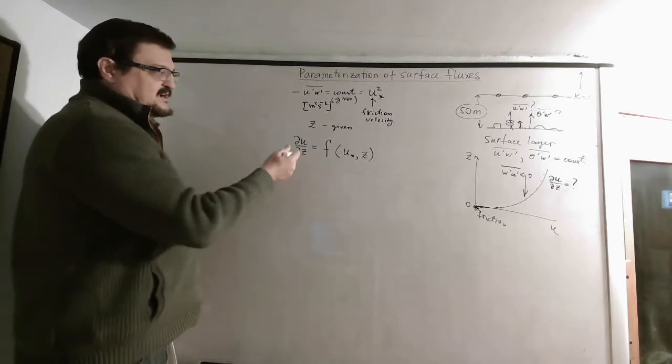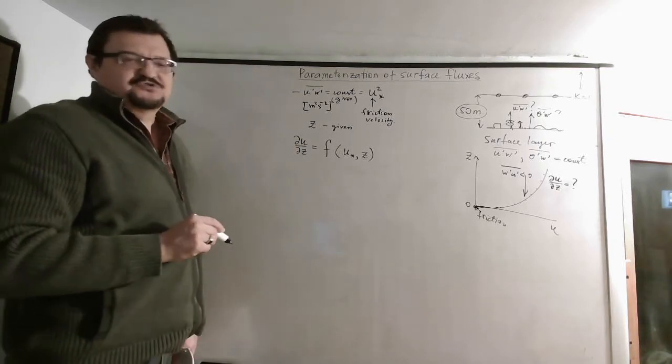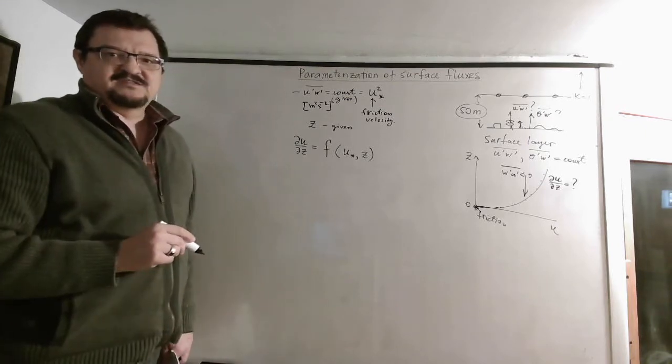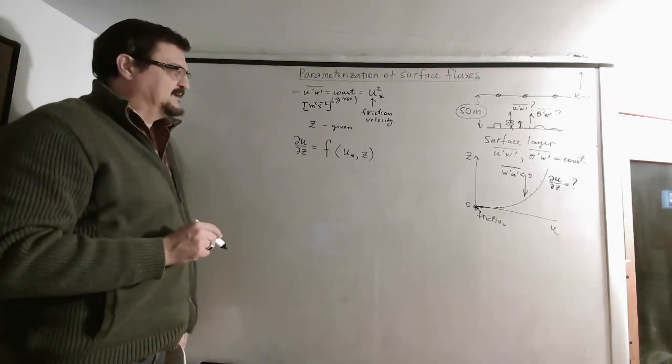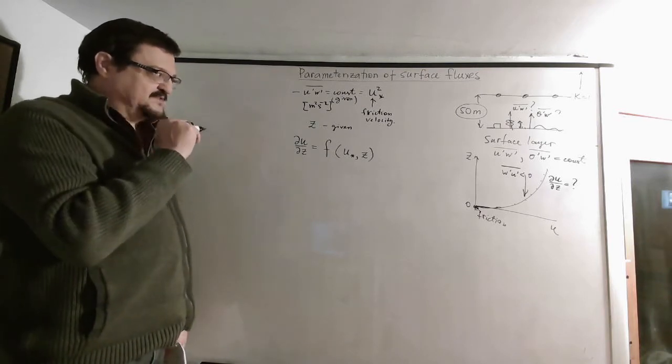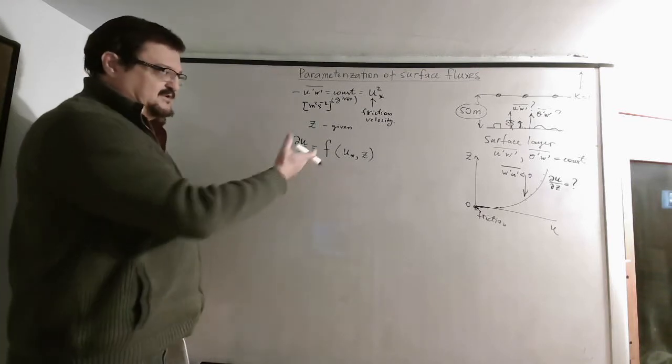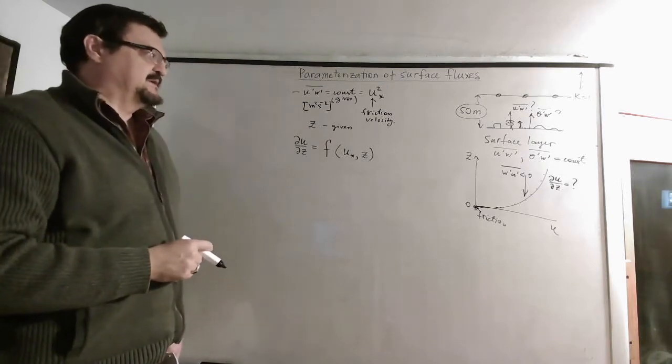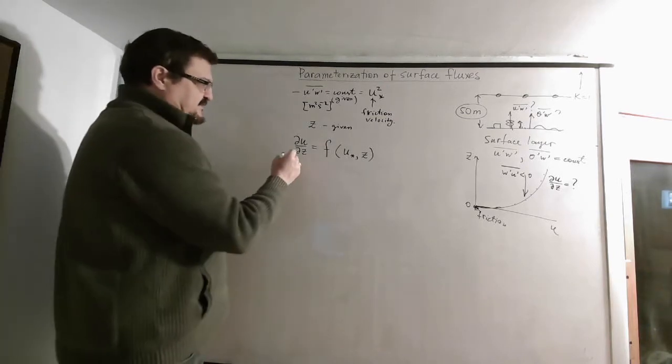But can we actually find this function without going to the field, just by thinking? And this is actually possible in this case, because the problem is very simple. It's only two parameters, very simple parameters. Now let's think about the dimensions of this thing.